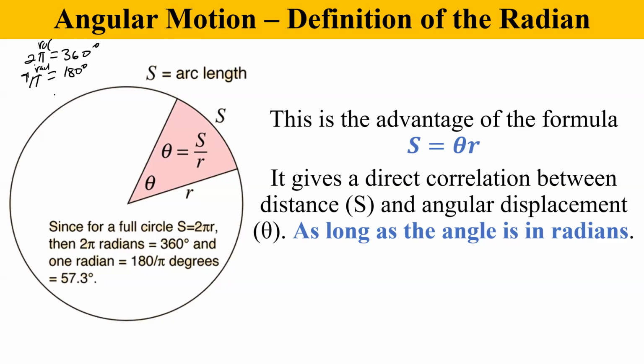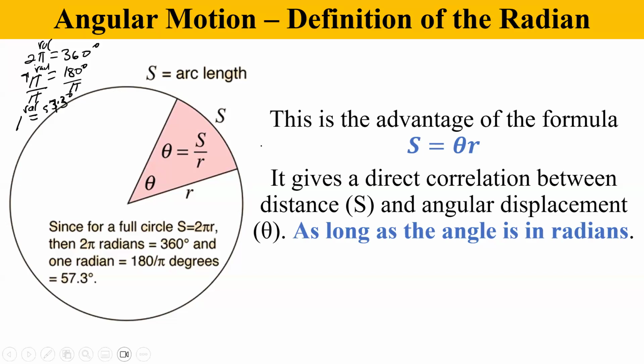And if you work that out, from this we can say that if you divide pi by pi here, you're going to get 1 radian is equal to 57.3 degrees.